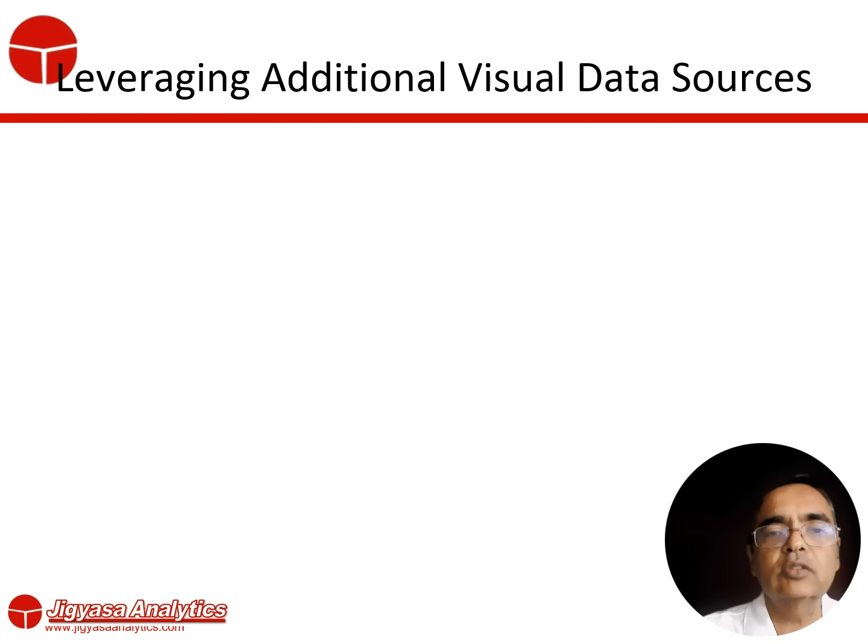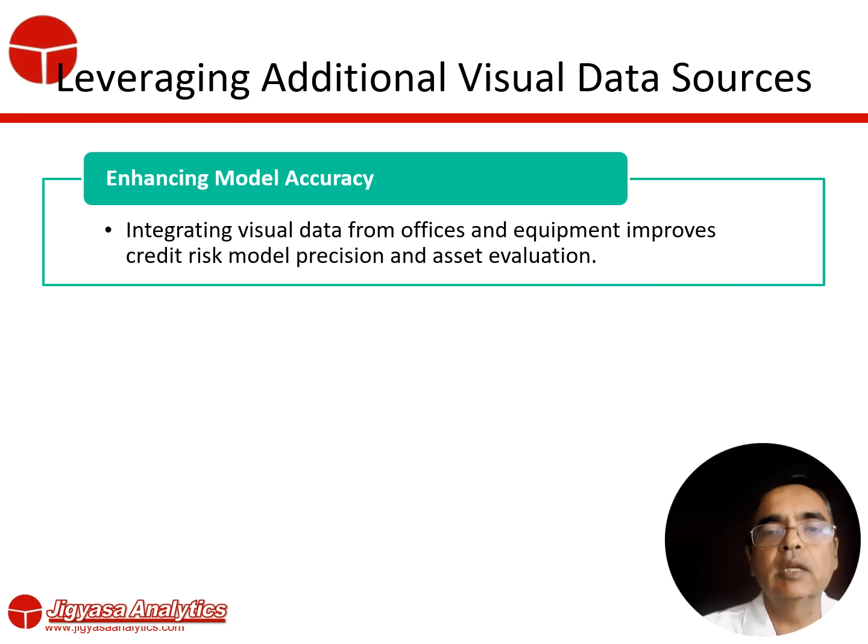So in doing so, this could be, for example, for consumers, their houses, or if we are doing B2B, these could be the offices, or if we are doing equipment finance, it could be the equipment against which the loan is being issued. In all these cases, this additional data will improve the model's accuracy.